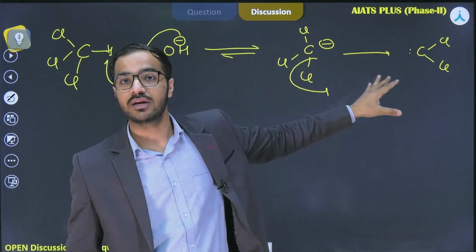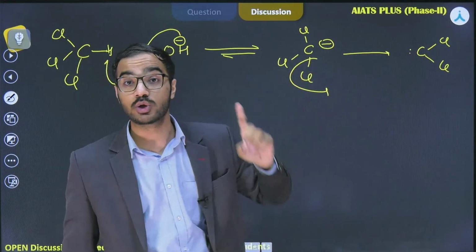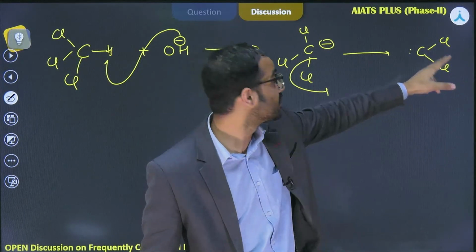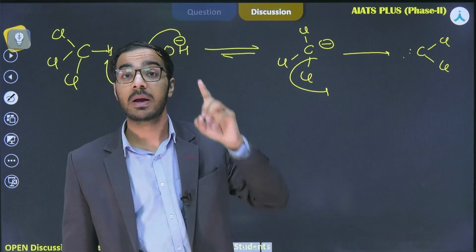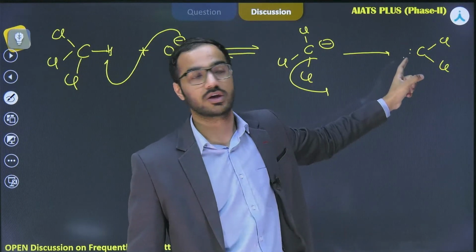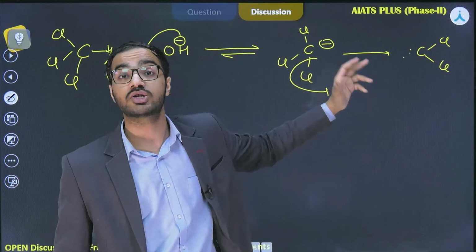This carbene is not that stable, but it is stabilized due to the presence of lone pairs on chlorine as well as the vacant orbital present on the carbon. So there will be plus M donation from chlorine to carbon. So this is very much stable, and it is a singlet type of carbene.